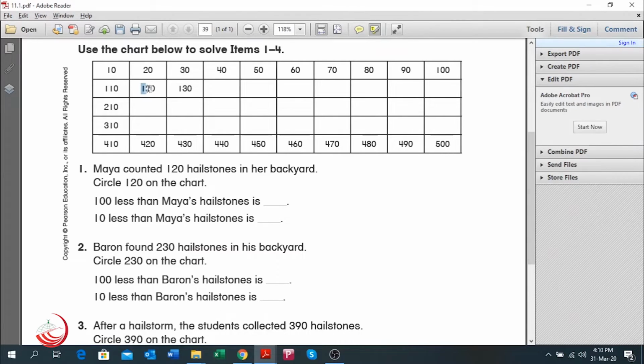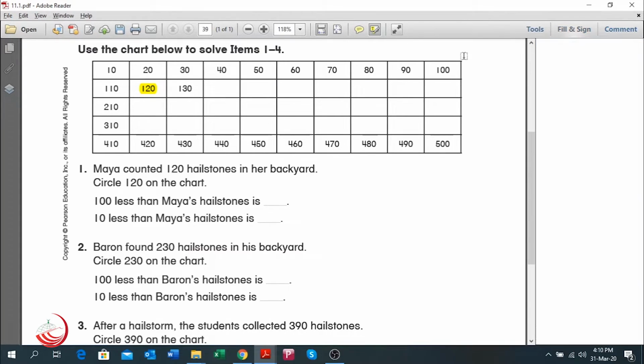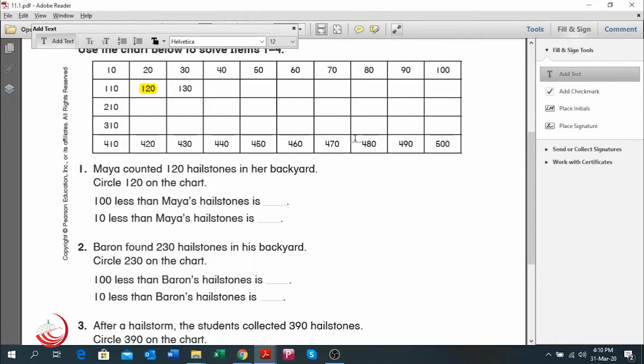Let's do it like this one. So here we have 120. 100 less than Maya's hailstones is, so you have to calculate 120 here. 120 minus 100 equals what? 10 less than Maya's hailstones is, so 120 minus 10 equals what?